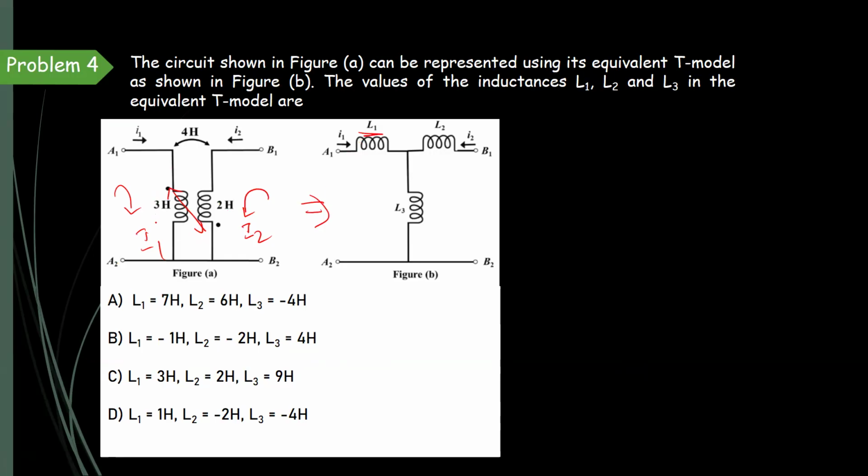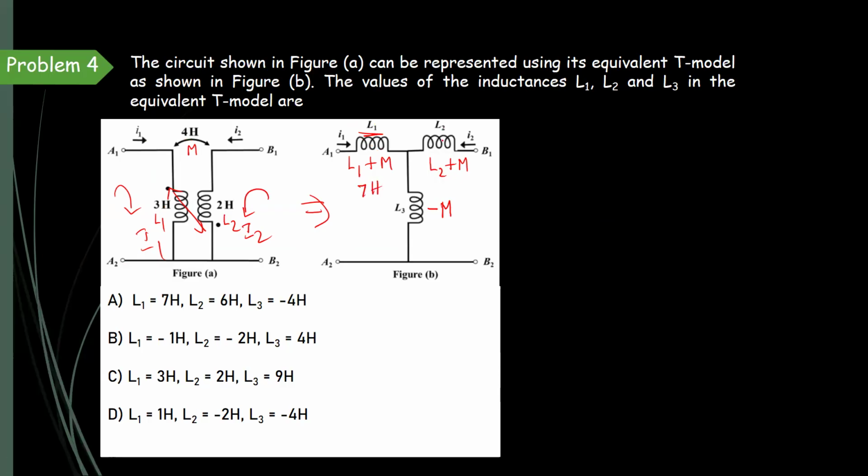If we take this as L1, this as L2, and the mutual inductance as M, it will be L1 plus M here and L2 plus M here, and since the flux is in opposite direction, this is minus M. When L1 is 3 Henry and mutual inductance is 4 Henry, 3 plus 4 is 7 Henry.